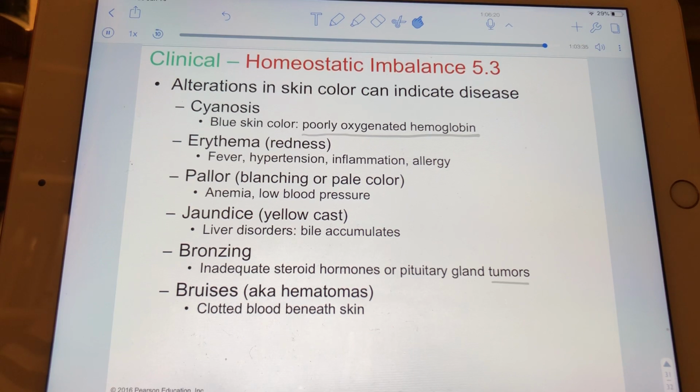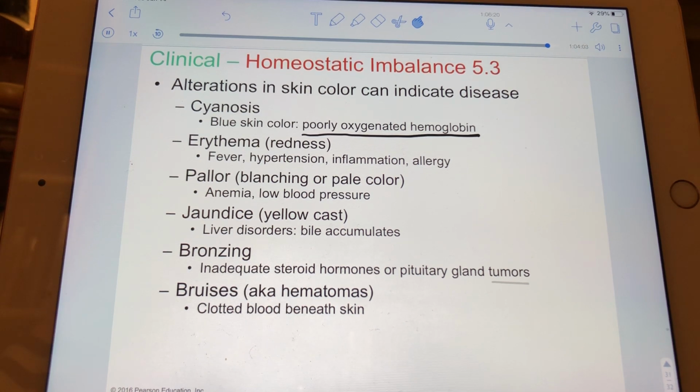That's very frightening because that means that their hemoglobin molecules are not being exposed to O2, to oxygen. They're not getting enough oxygen into their blood for whatever reason. Very, very dangerous. Erythema or redness can be an indication of fever, of hypertension, of inflammation, of an allergic reaction.